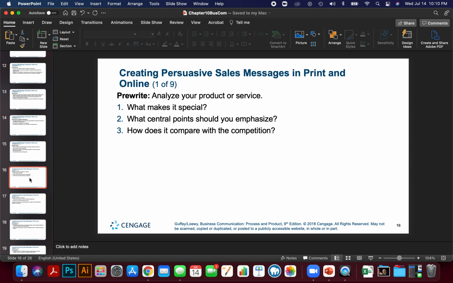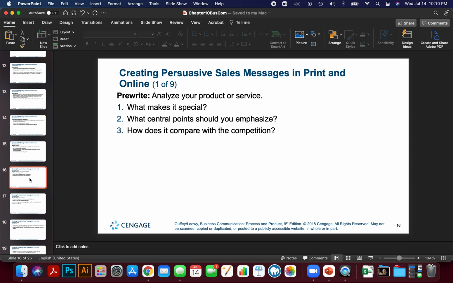Pretend you're stuck in an elevator with somebody and you have 30 seconds to talk about your product or service. You talk to them about what would make it special. What points do you want to get in as far as the product goes or the service that you want them to know about? And finally, why is it better than the competition?